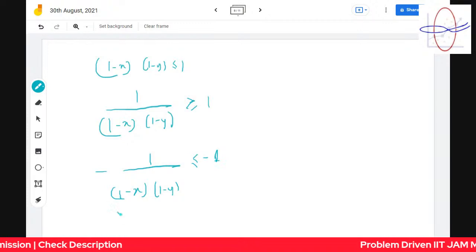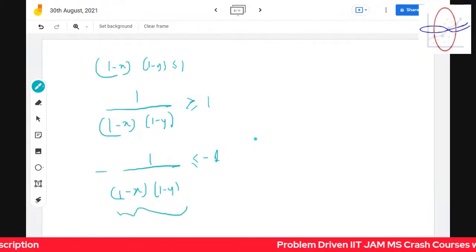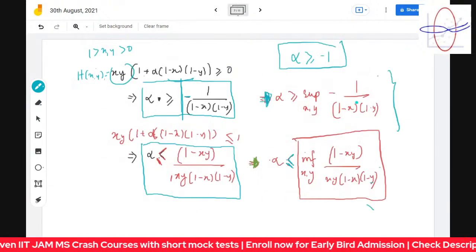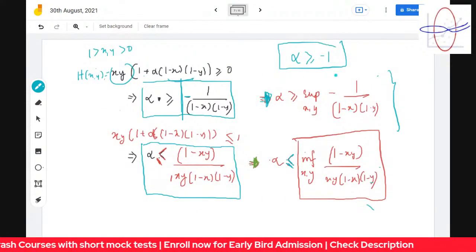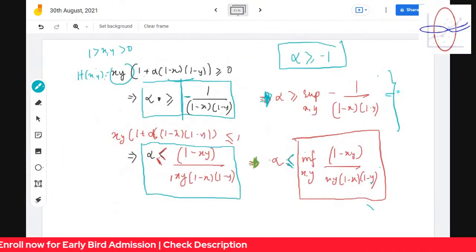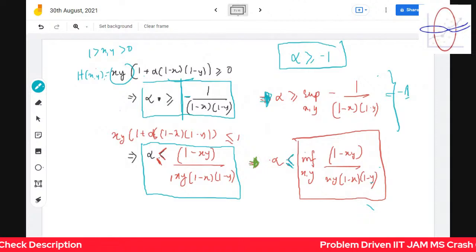So the supremum of all these numbers over x and y is less than equal to minus 1, and you can also check that for x equal to 0, y equal to 0, you will get this minus 1. So the supremum is attained. So the supremum is actually equal to minus 1. So you get that alpha must be greater than equal to this minus 1. This is super important. This is super beautiful actually.